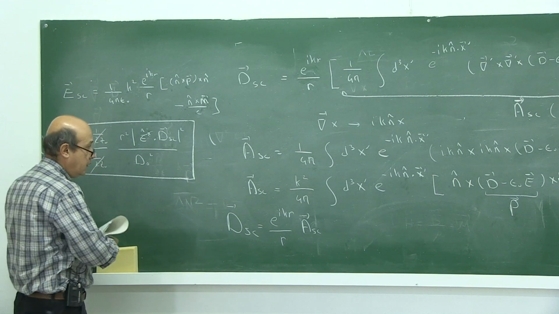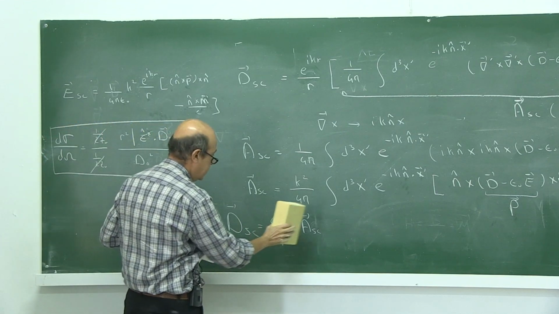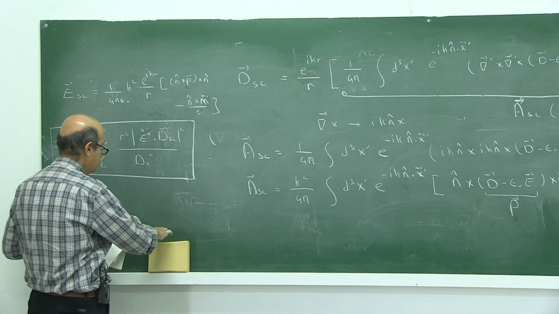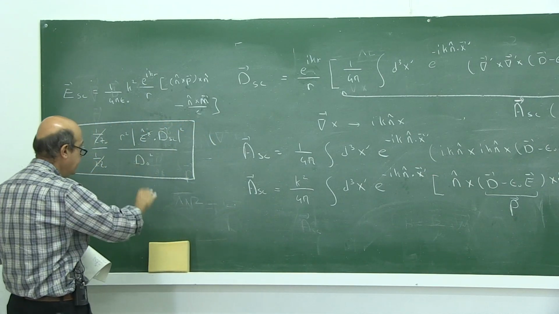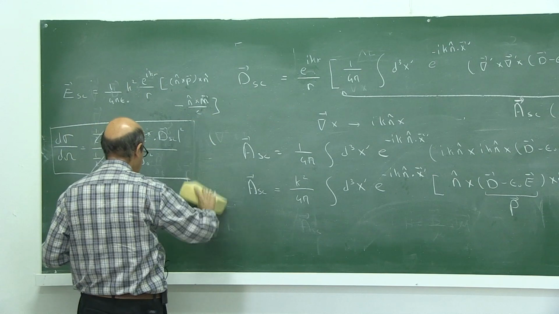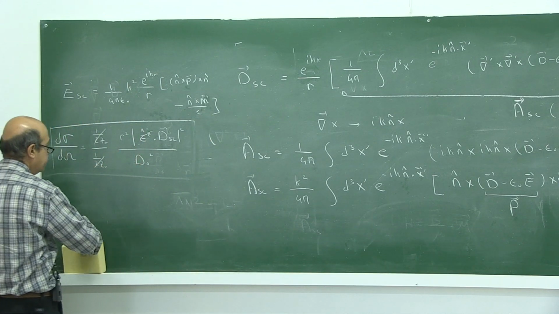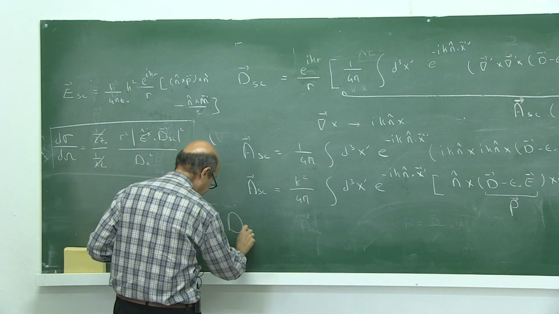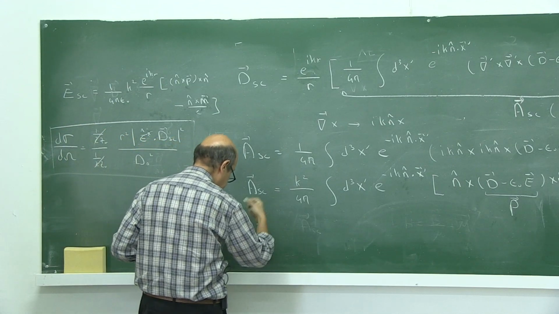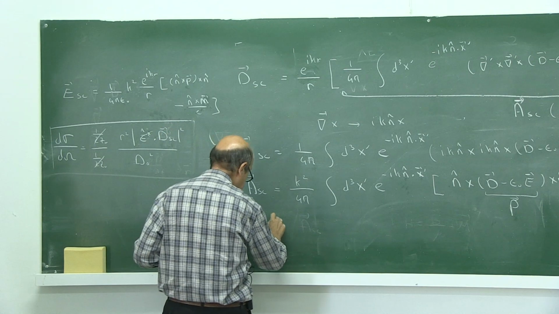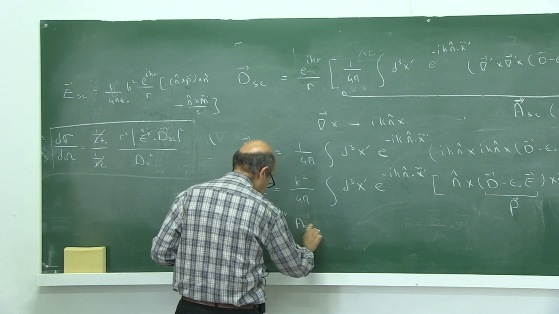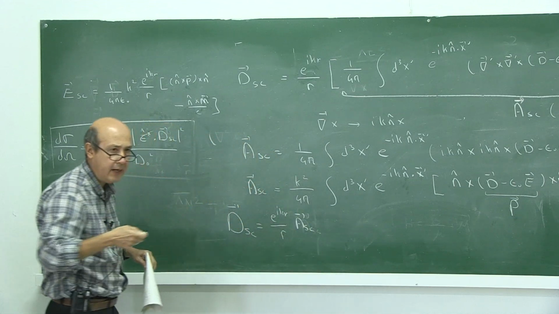So let us see. That is equal to what? It's okay, but it's not sufficient. So what I wrote here, the scattered electric displacement is e to the i k r over r times the scattering amplitude.